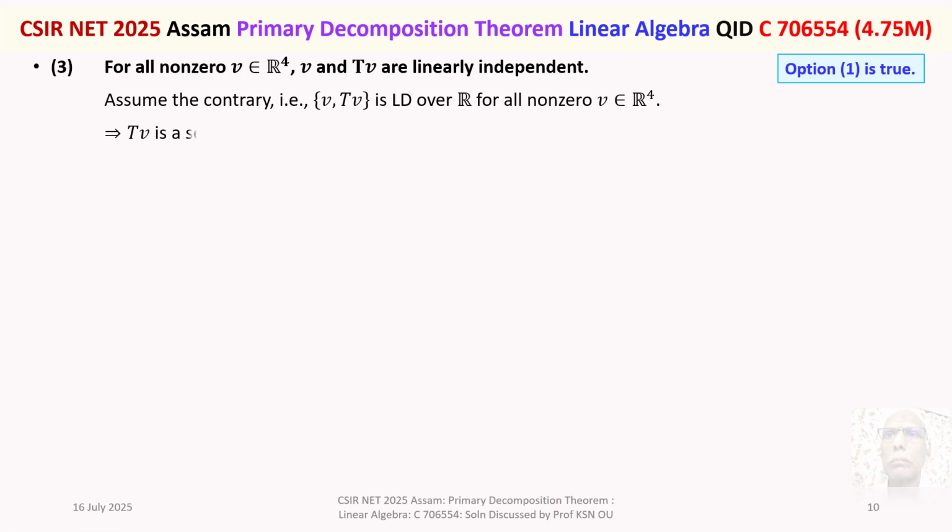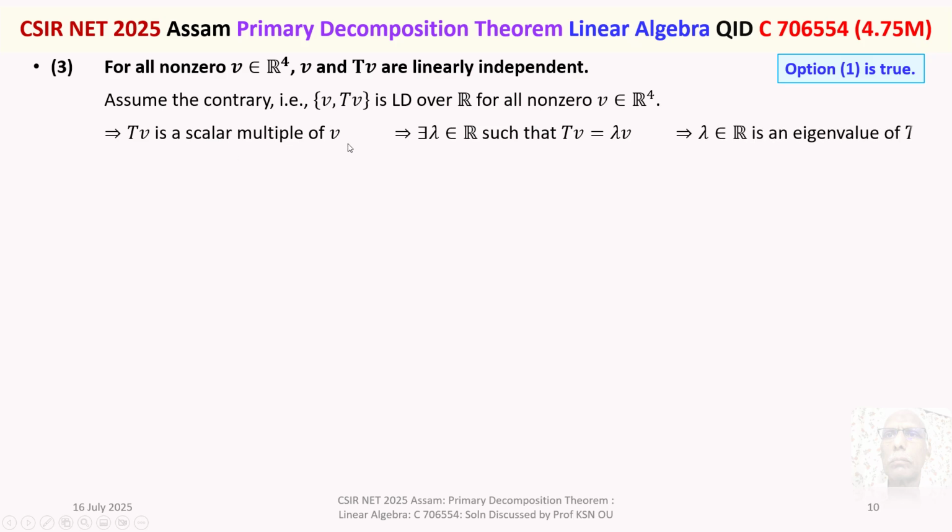This means T of V is a scalar multiple of V. This means there exists a scalar lambda belonging to R such that T of V is lambda times V. It means lambda belonging to R is an eigenvalue of T, which is a contradiction.